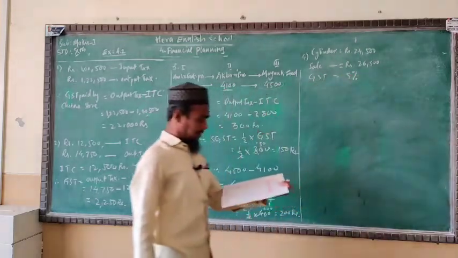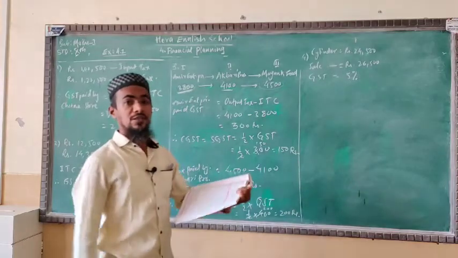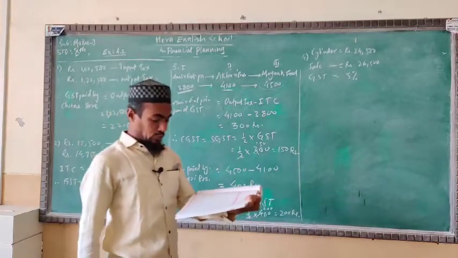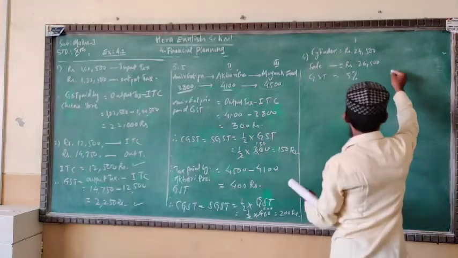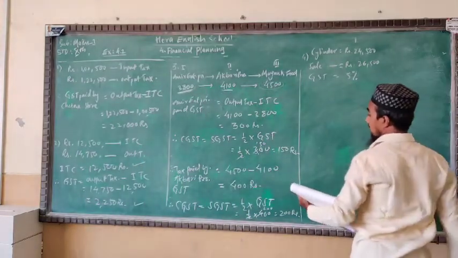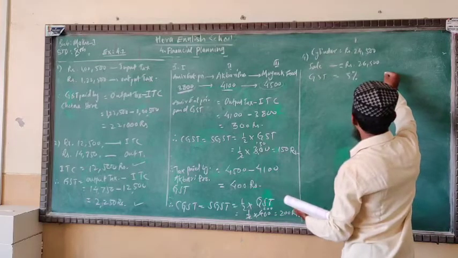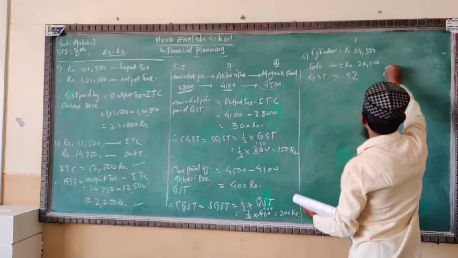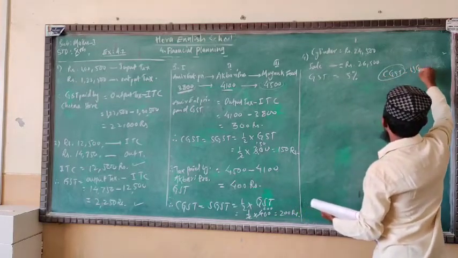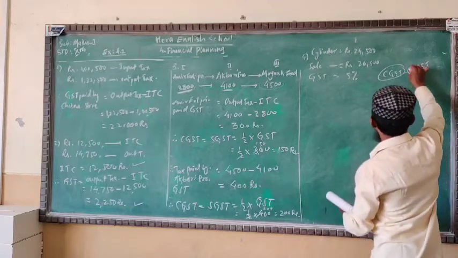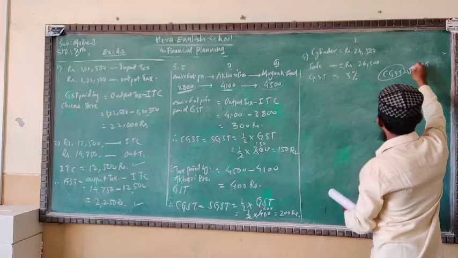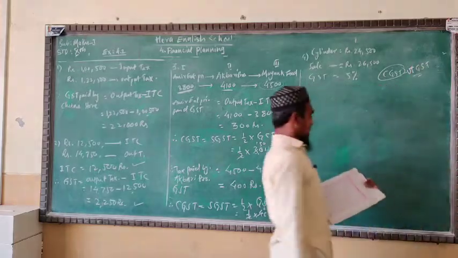Here see, Chandigarh is a union territory. Union territory good service tax is there, UTGST is there. There will not be the S in the CGST. Here in place of CGST we will use the UTGST. Okay, Union Territory Good Service Tax.